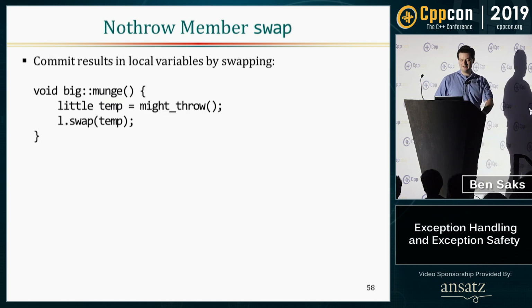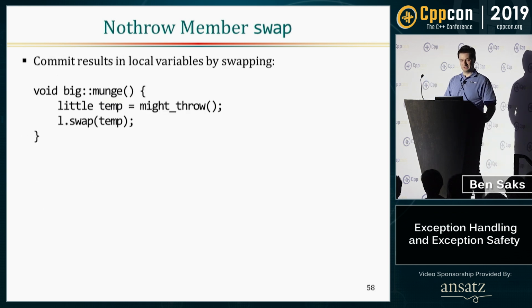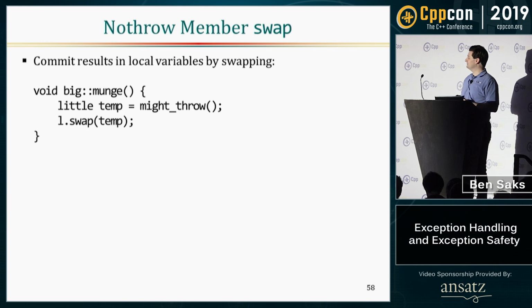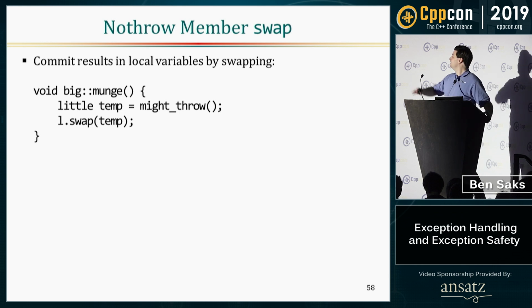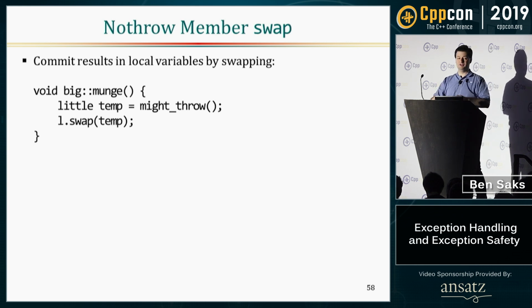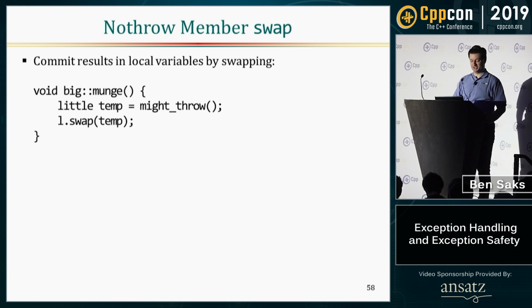So now if we write the munge function here, we can make sure that this is exception safe by doing whatever might throw initially and storing that in a little object. In this case, might throw would be something that would eventually result in a change to the little portion of the big object.